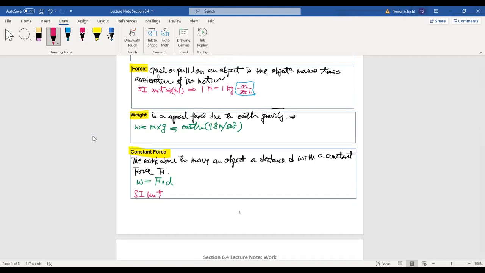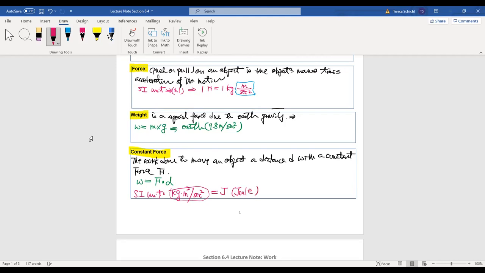So it will be kilogram, and now the distance is meters, times the acceleration, which is meters per second squared. And this unit we call joules, so this is J, the joule.